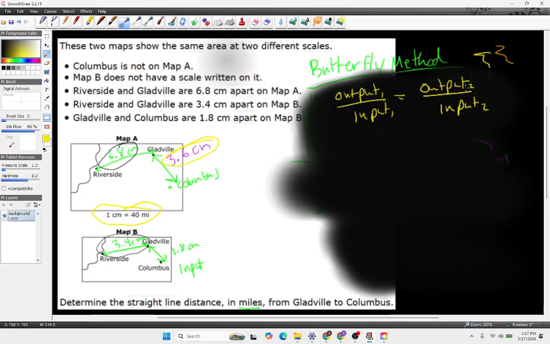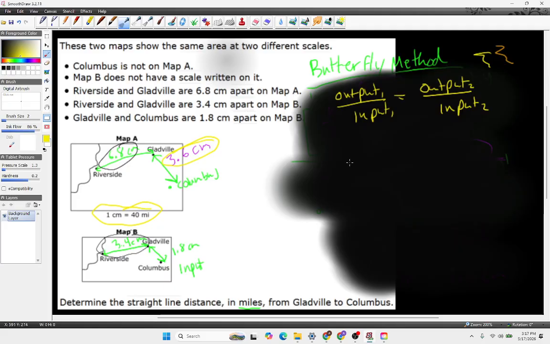One of them is going to be a pair, and one of them is going to include the unknown with the input that corresponds to the unknown. Okay, so the output 1, we can make this be the one we don't know. The order doesn't matter as far as which side you put it on. The order as far as top to bottom definitely matters. So our output that we're seeking is going to be this distance from Gladville to Columbus in miles.